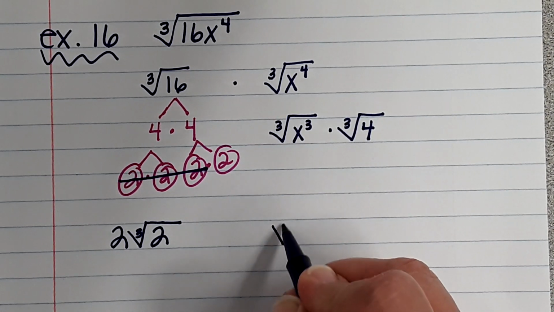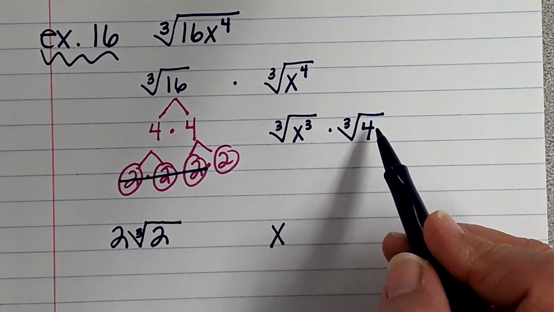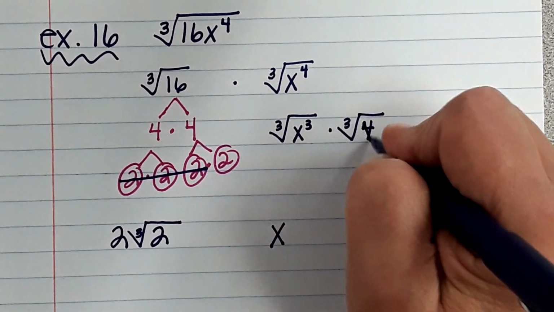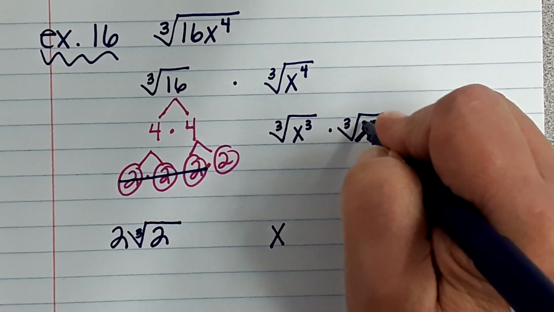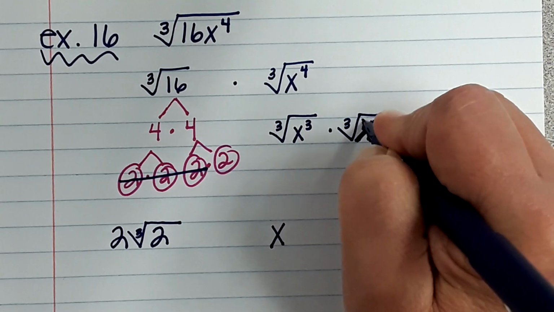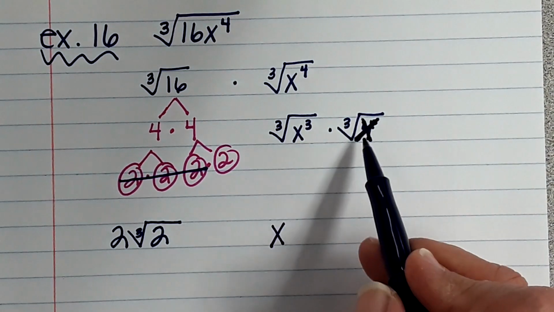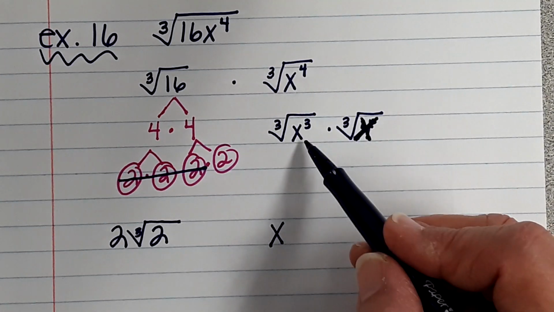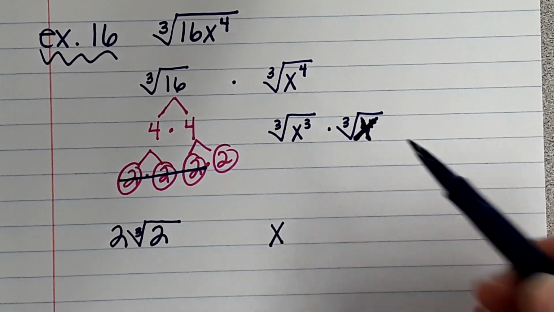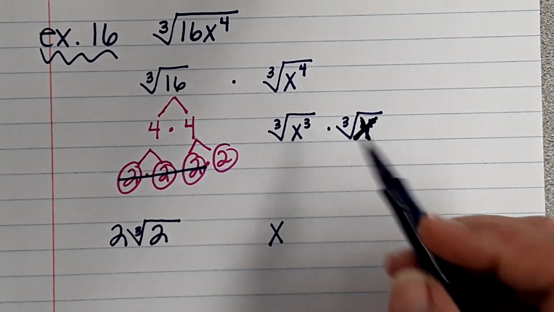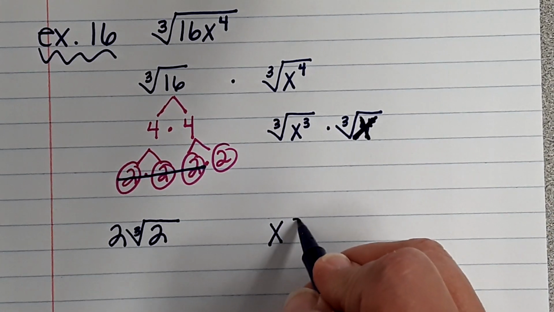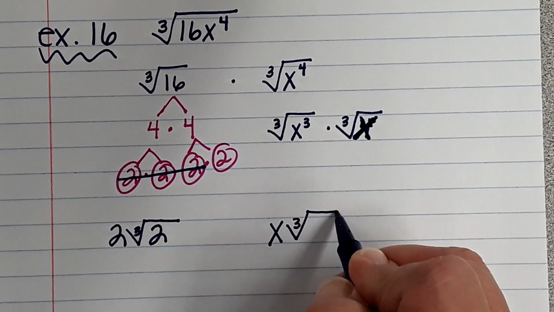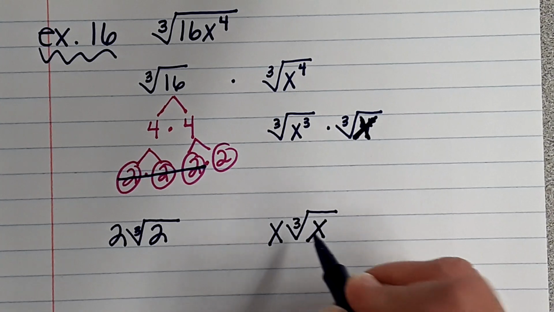So that becomes x. You guys, I'm really sorry, I broke it up into the x to the third and x. In my head I was thinking 4, sorry. And then what's left over? The cube root of x.